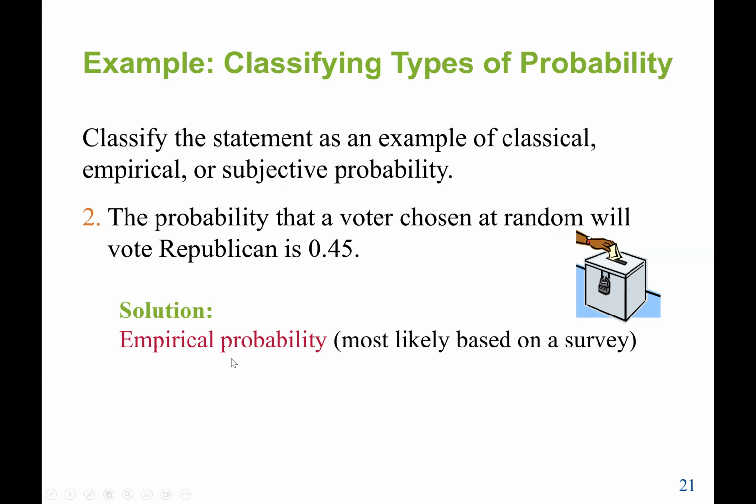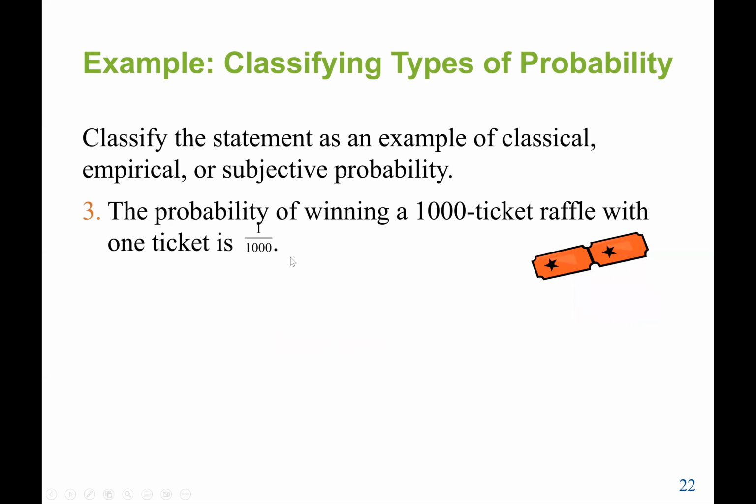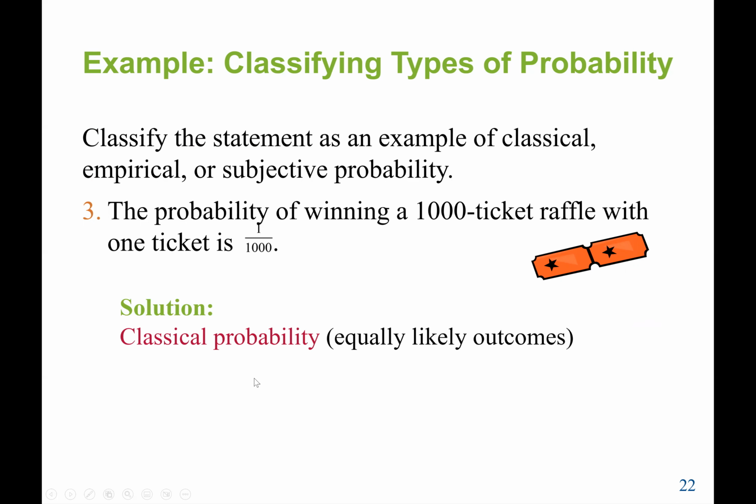This can be empirical because it can be based on previous voting, most likely based on a survey. The probability of winning a 1,000 ticket raffle with 1 ticket is 1/1,000. So this would be classical probability, with equally likely outcomes.